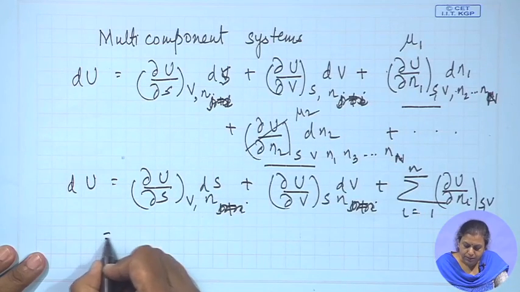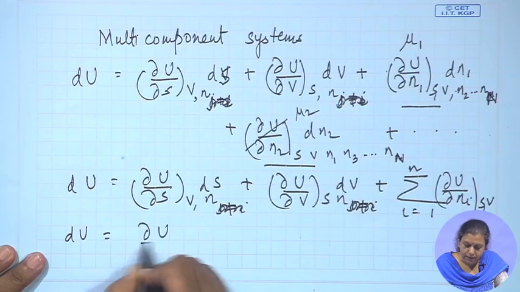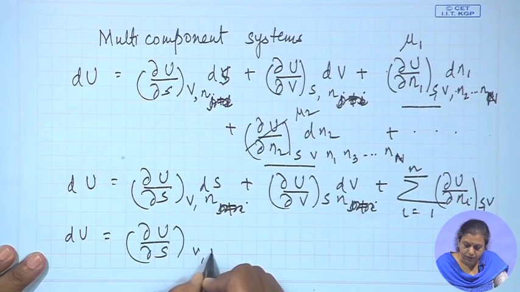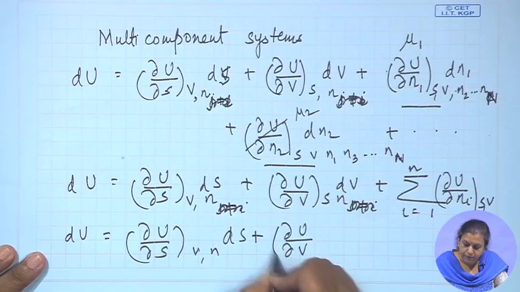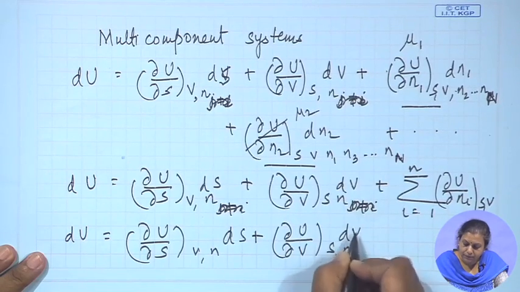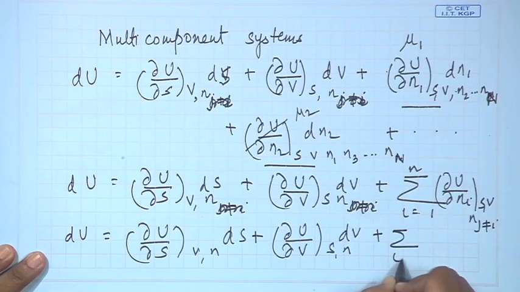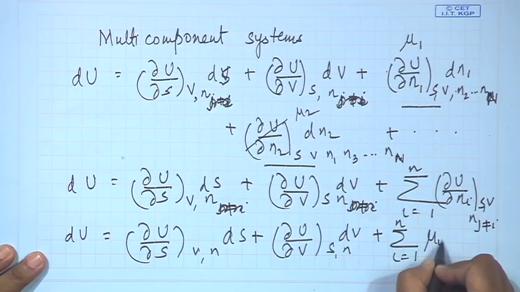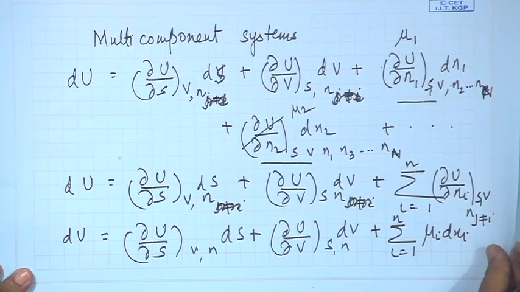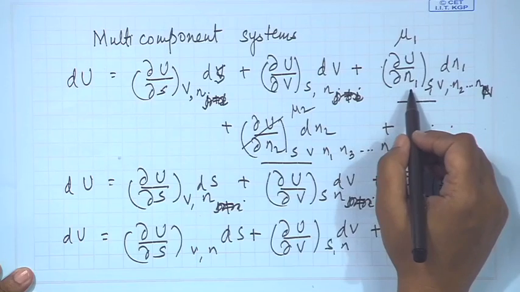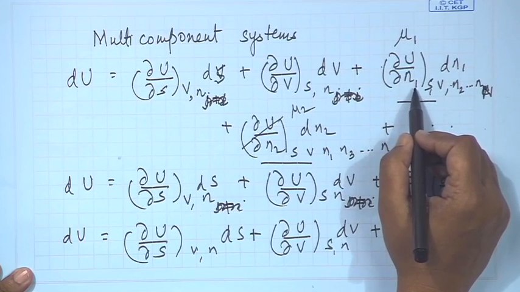So, this can also be written as dU equals del U del S at constant V, n, dS plus del U del V at constant S, n, dV plus sigma i equals 1 to n mu_i dn_i, where each mu_i corresponds to del U del n_i of the ith component, where the total number of moles of all other components except the ith component is kept constant.